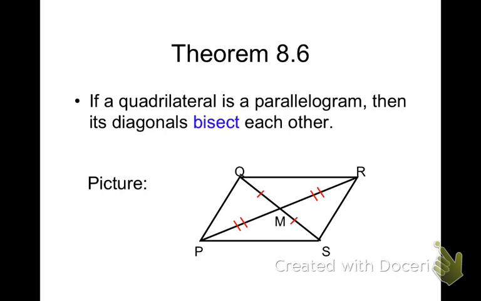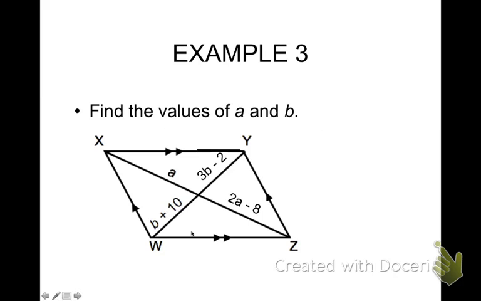Yeah, splits it into two equal parts, right? So if this diagonal is bisected by that diagonal, then it's split into two congruent parts. Same with the other diagonal. So if you see diagonals, each half would be equal to each other. So this is equal to that, and that is equal to that. So let's go ahead and do the last two examples.